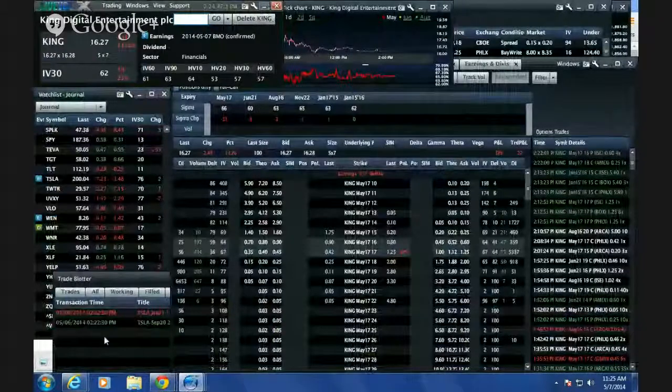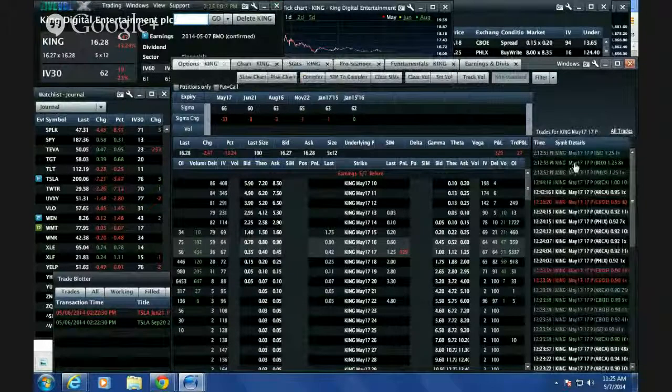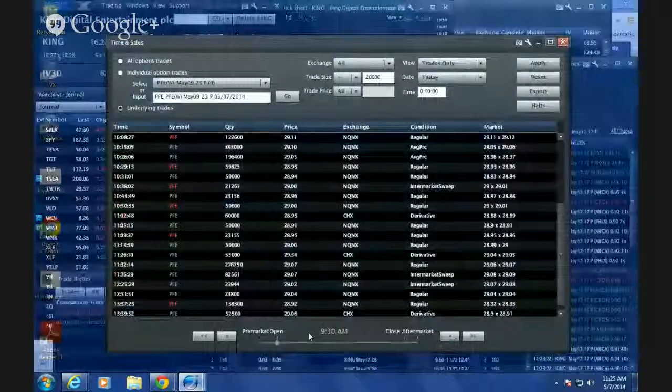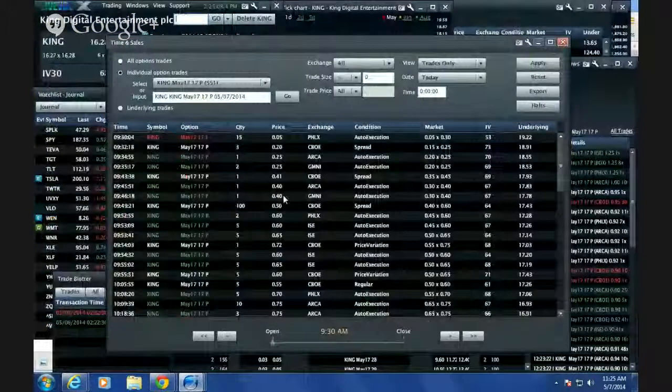I was trying to scoop up some quick cash on this one, but it backfired. Even though I was correct, if I had closed this out this morning as soon as it opened, I would have been fine. If you look at the time and sales, see how they were trading for a nickel, 25 cents, 40 cents at the beginning. I could have just closed it out here, but I wasn't paying too much attention because I had work to do, and it cost me.